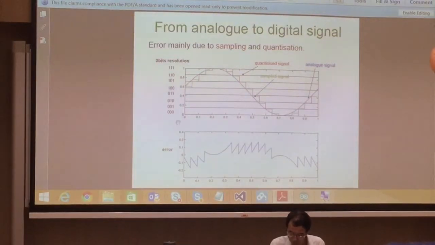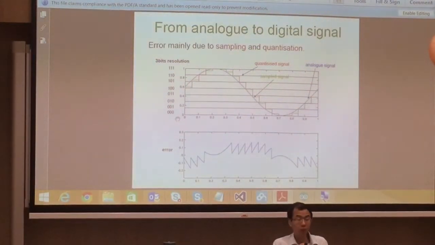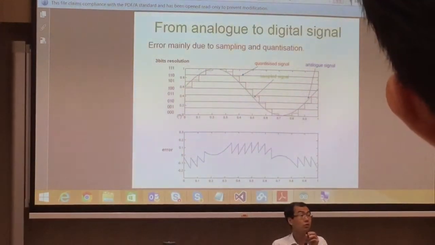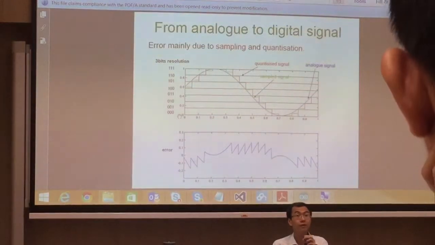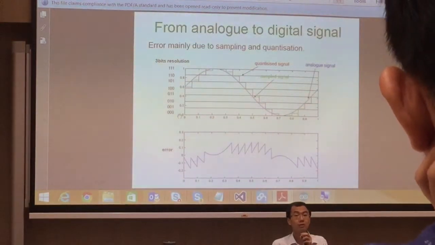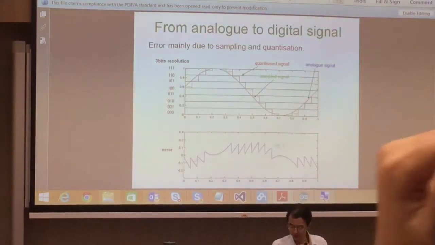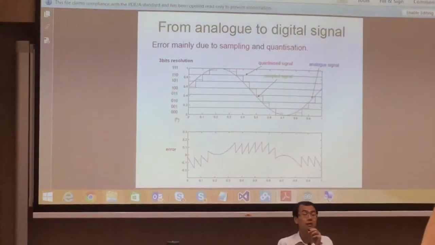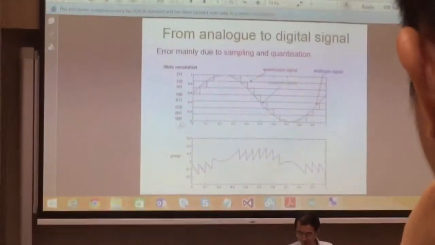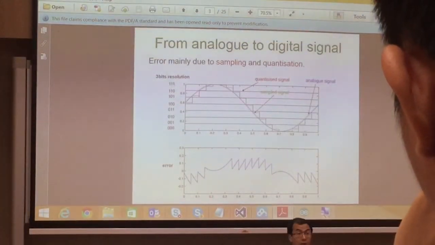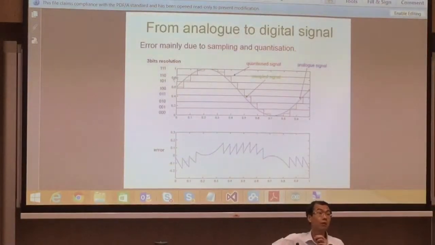For this case, let's say we only want to use 3 bits to represent the analog input. Then the digital data can only be from 000 to 111. We just use it as one example.